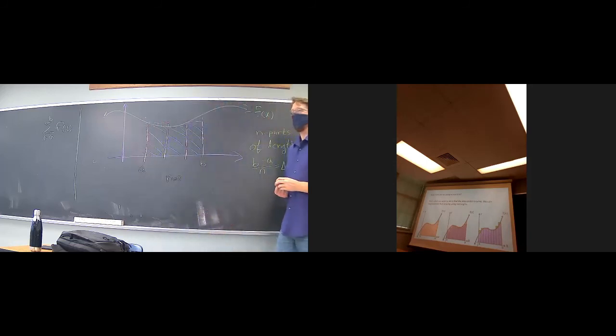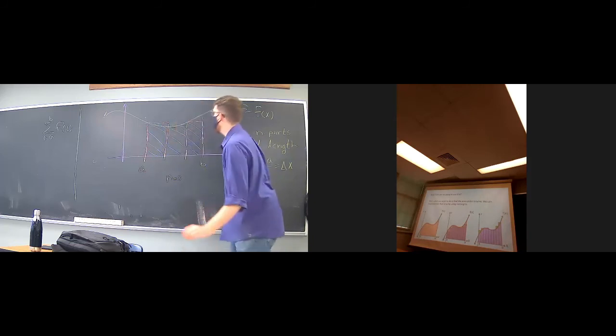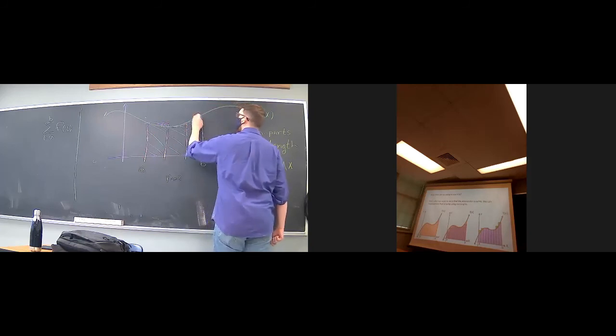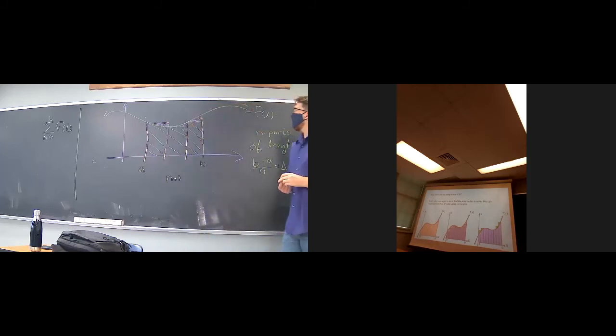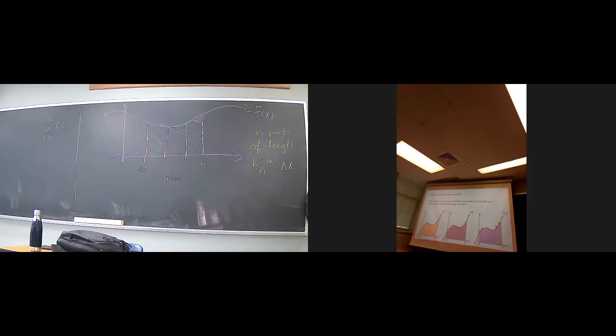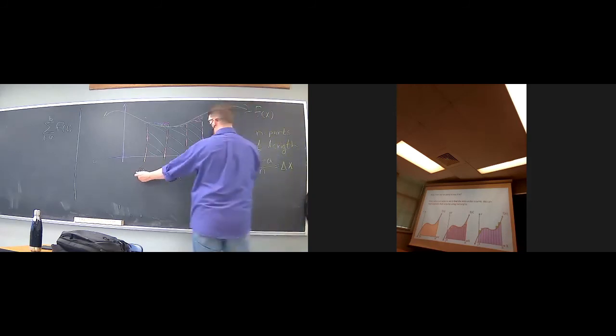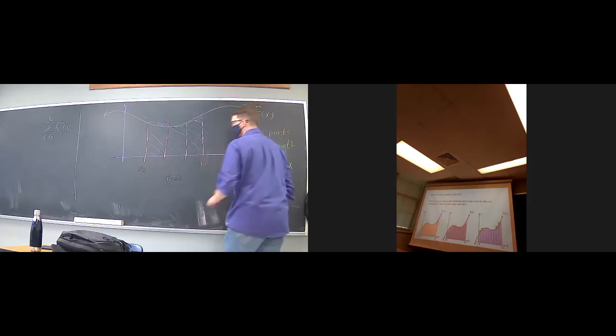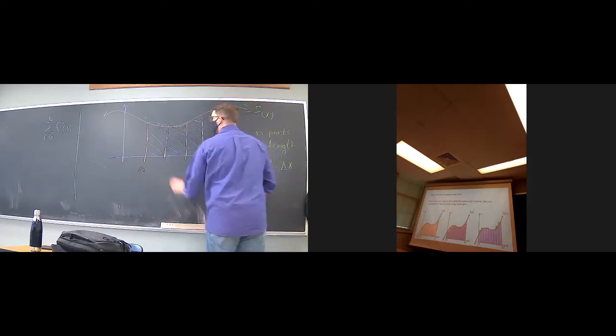Kind of, sort of. But notice we've got some errors in here, right? This chunk is too much, this chunk is too little, and this chunk is too little. So if we take and divide this by 4 parts now, we get a little bit less error. So what we're doing is we're saying the area under our function from a to b is going to approximate the area of each of these rectangles added together.